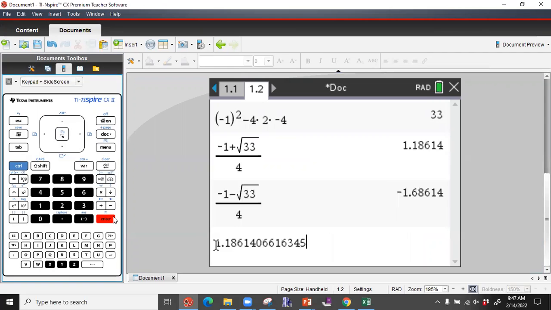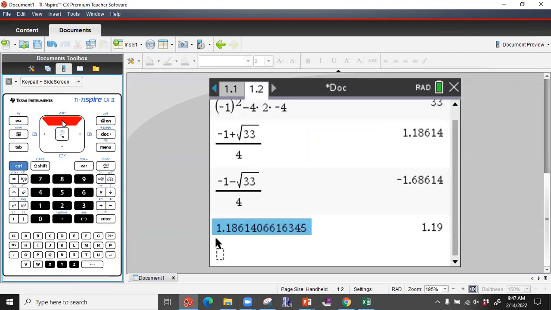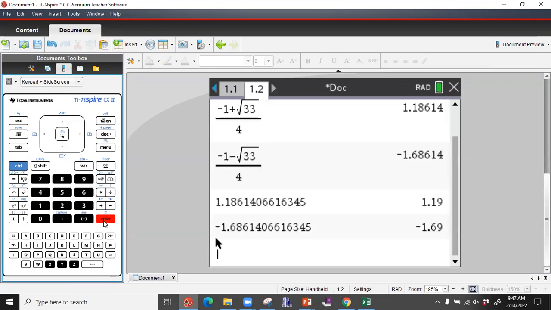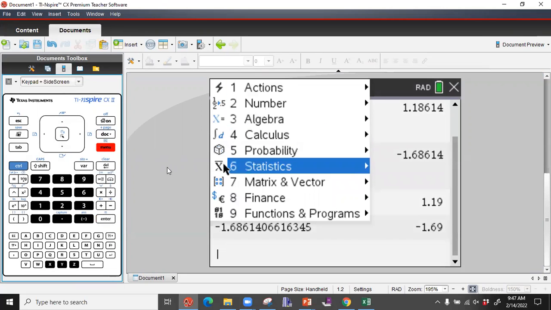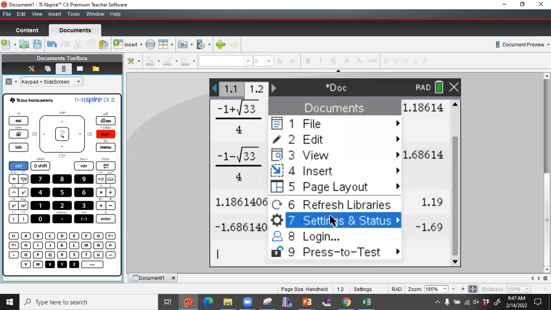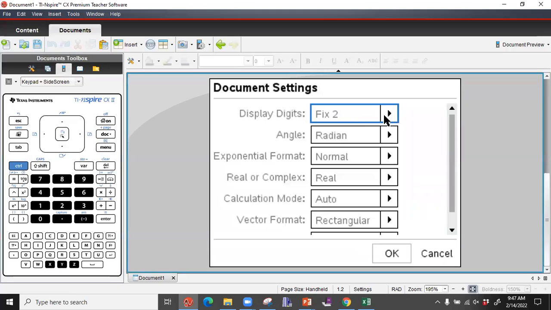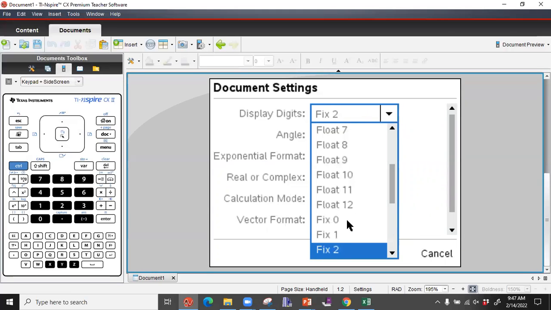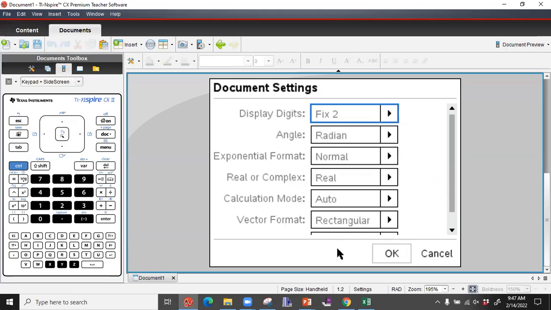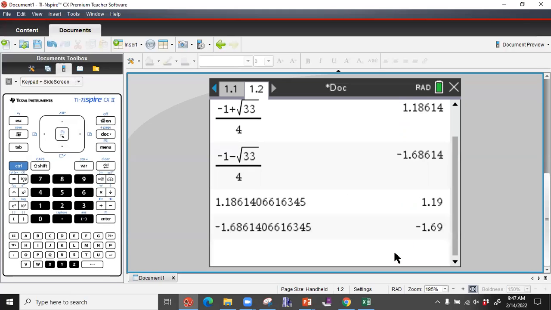Hopefully you are able to round, but if you can't, it'll lock it in for you. Okay, so all I did was go to menu, I'm sorry, doc, settings, document settings, and change my display from float to fix at 2. And that just does the rounding for you if rounding is not your strong suit.